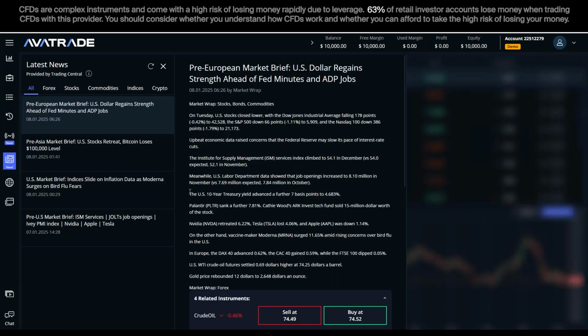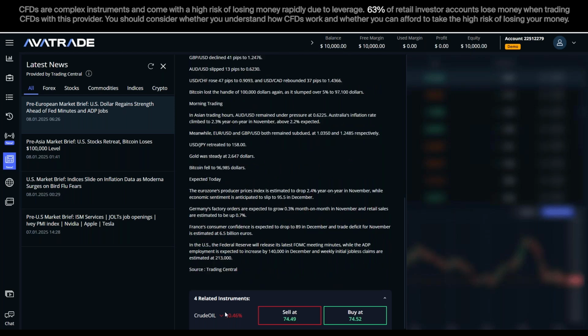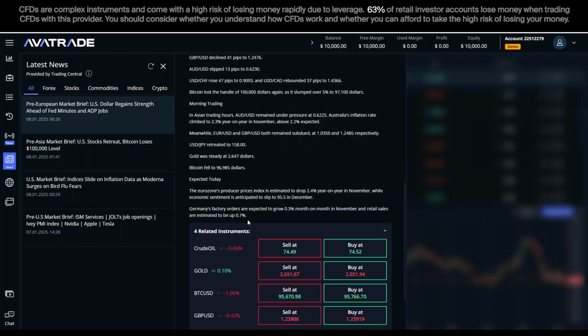In here, I can find all kinds of information, fundamental information and articles that I can go through that hopefully will help me understand better what the situation is for the instruments. If I go down to the bottom of the article here, I have what instruments this has an impact on.